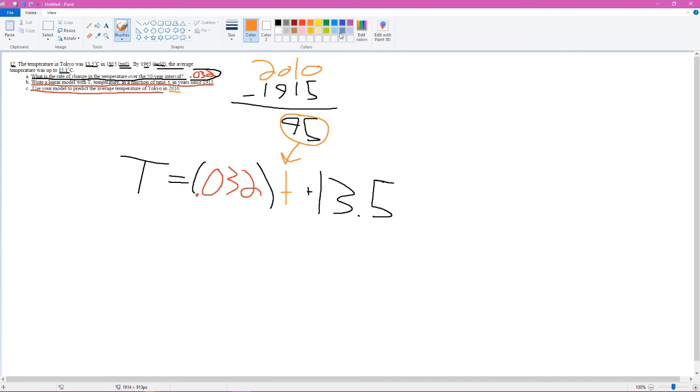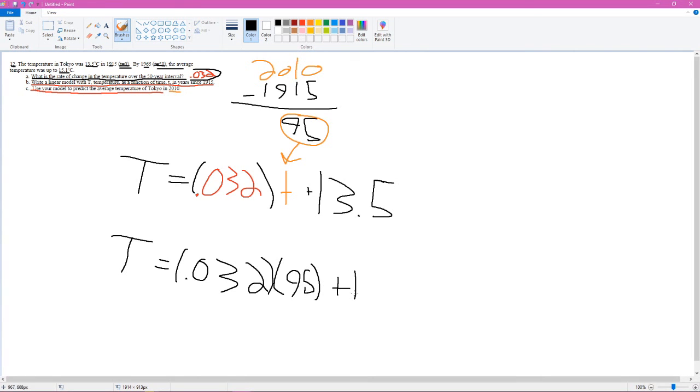So T equals 0.032 times 95 plus 13.5. The first thing we're going to do is multiply 0.032 times 95, and that equals 3.04.